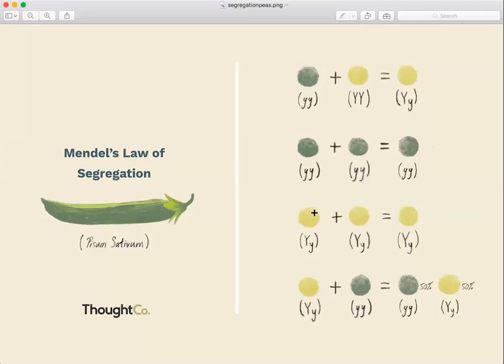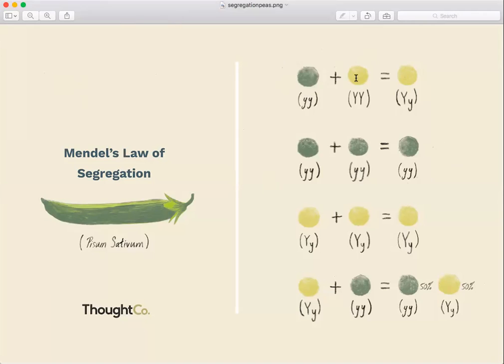Okay, so this is just showing Mendel's law of segregation, which you may have seen on the last slide that I showed. And essentially you can see here we have the green pea and the yellow pea. Actually, I had it mixed up. The yellow pea is dominant and the green pea is recessive.